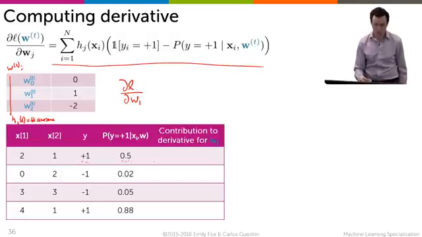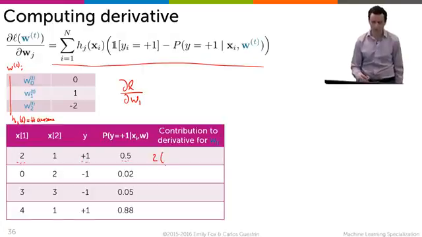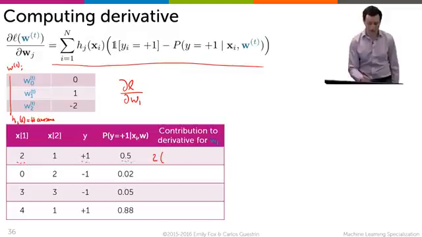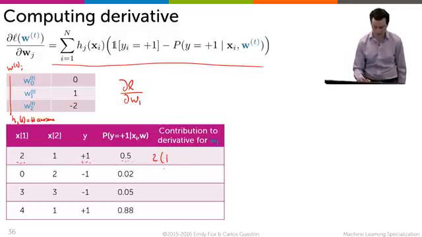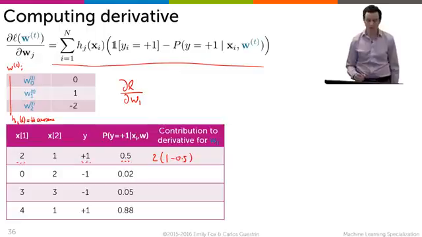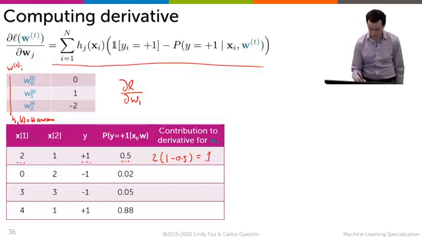So h1 of xi is the number on the left here, it's 2. And it multiplies the difference between the indicator function. Is this a positive example? Yes, it is a positive example. And the probability that we get from data, which is 0.5. So the contribution here is 2 times 1 minus 0.5, which is exactly equal to 1.